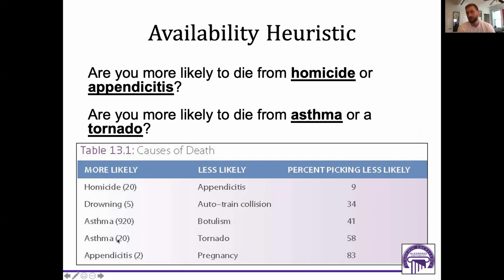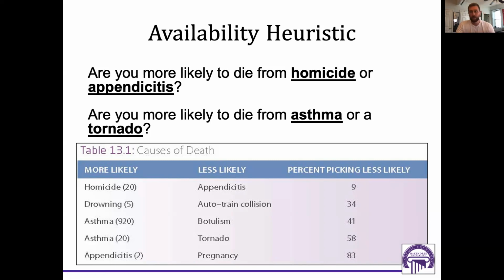It's not often, though, to where your local news team is reporting on an asthma death, right? That's not very common. So again, the more consciously accessible an idea is, the more likely the person is to say that it happens very often, right? So there's kind of that relationship there between accessibility in the mind and our judgment of probability.